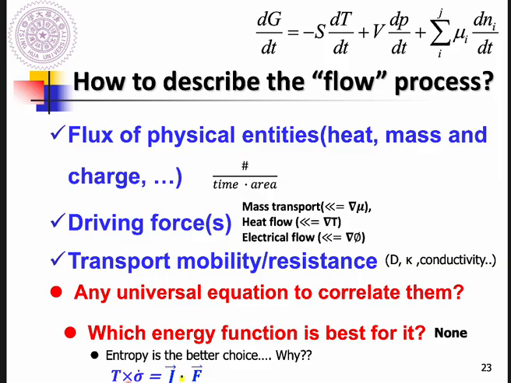By using this equation, you can simply calculate the sigma dot, which is the rate of entropy production, to describe how fast or how slow the system generates entropy.